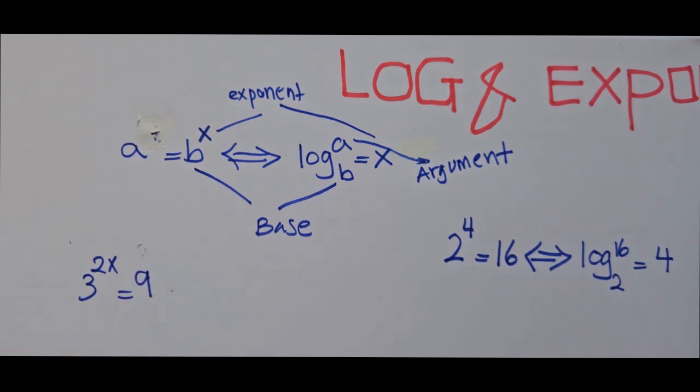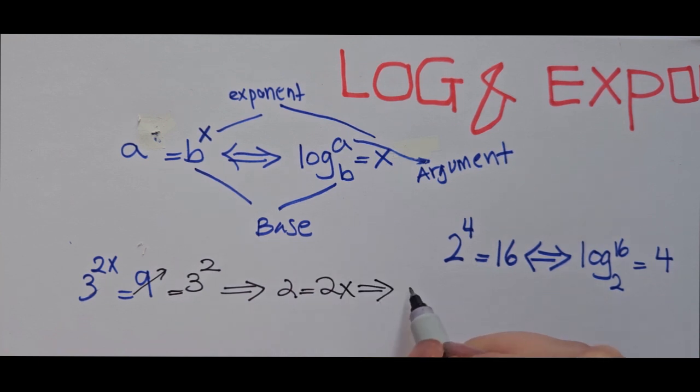If you encounter such a problem, the bases can be converted to one another. For 9, I can just write it as 3 to the power 2. So when the two bases are the same, 3 and 3, you could say that 2 is equal to 2x. So from here, you could say that x is equal to 1.